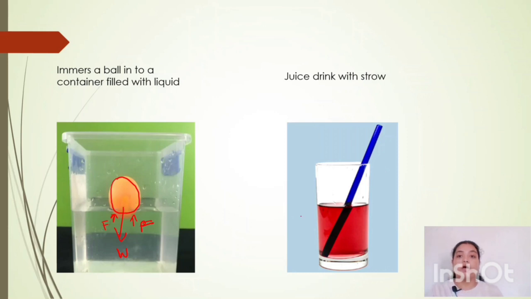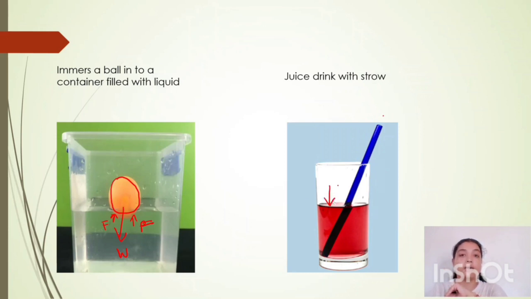Next, if I am going to drink water with the help of a straw, here I have red water. From here I am going to suck water inside. What pressures are acting here?